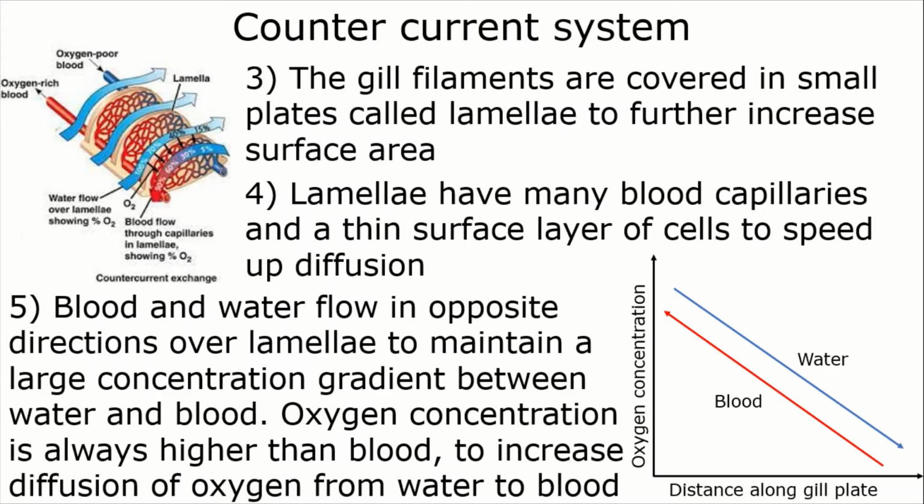And if you look on the right-hand side of my screen, I've got this graph here, which is showing the comparative oxygen concentration of both water and blood as you go further along the gill plate.